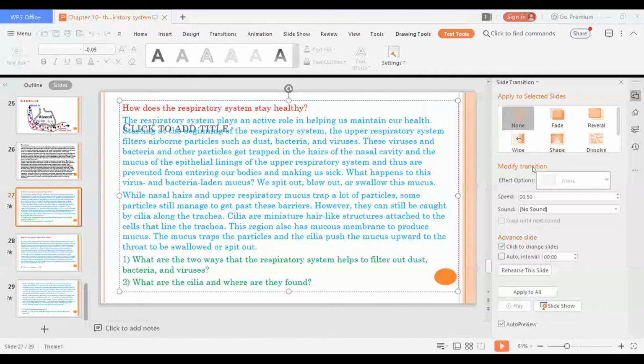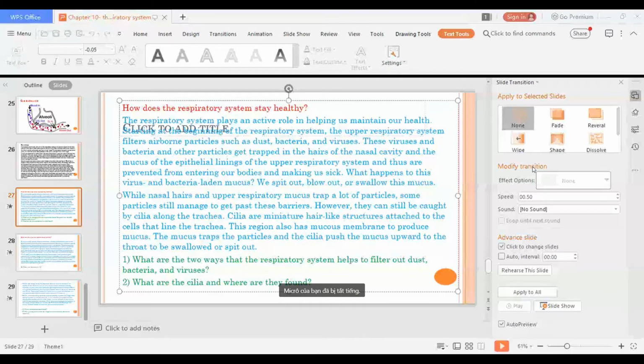At the beginning of the respiratory system, the upper respiratory system filters airborne particles such as dust, bacteria, and viruses. The viruses and bacteria and other particles get trapped in the hairs of the nasal cavity and the mucus of the epithelial lining of the upper respiratory system, and thus are prevented from entering our bodies and making us sick.